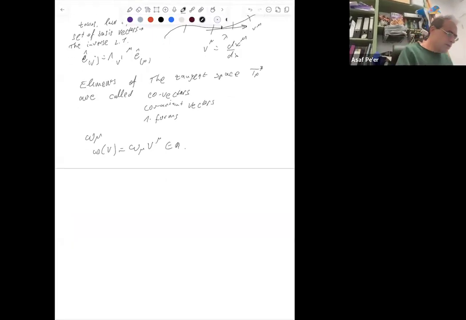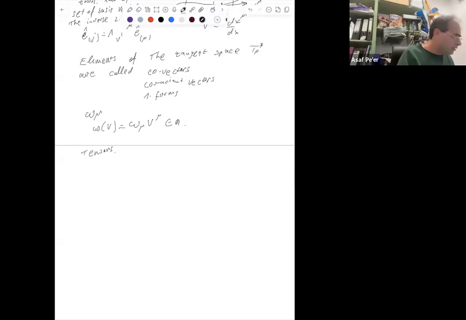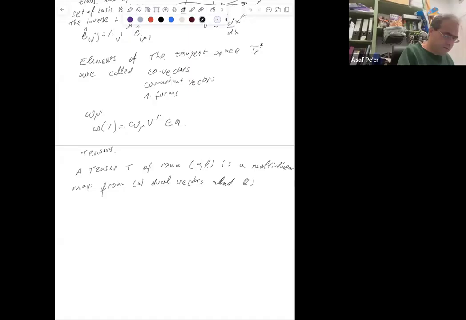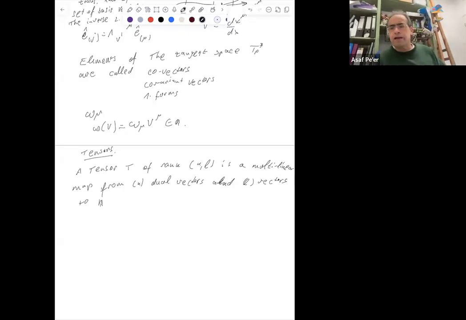Then we easily generalized that to tensors. We said that a tensor T of rank (K, L) is a multi-linear map from K dual vectors and L vectors to R. So simply it says that it has K upper indices and L lower indices.